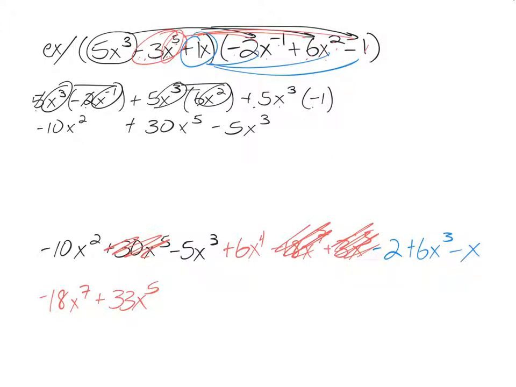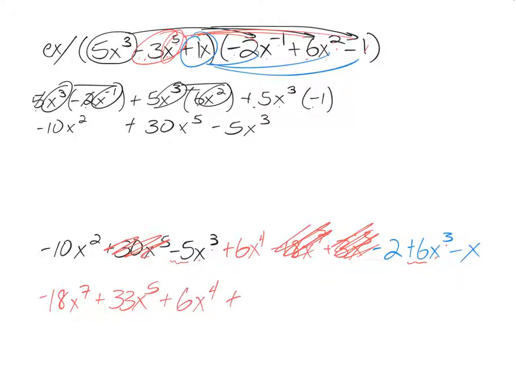I think the next biggest exponent then would be x cubed. So I see I have a couple of those, which means I just need to combine the coefficients in front. 6 minus 5 is 1. And normally we don't write the 1 in front of the x, so I'm just going to leave it like that. Oh, I missed an x to the fourth. All right, let's back up. 6x to the fourth, that would be the next one.